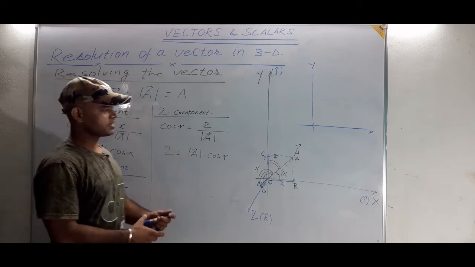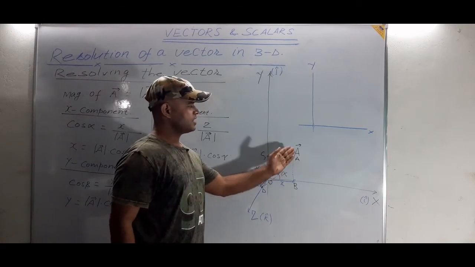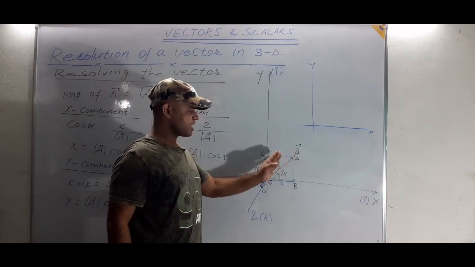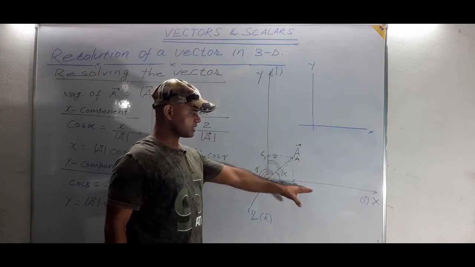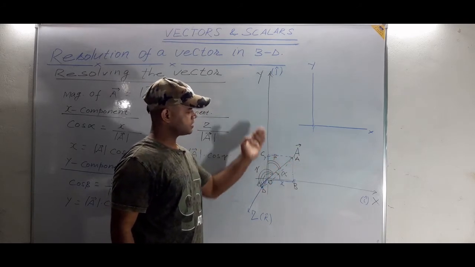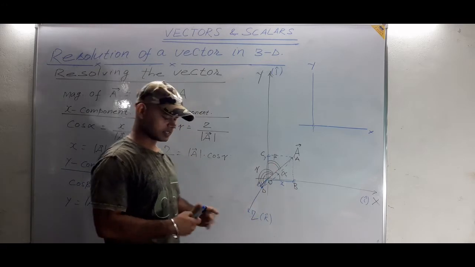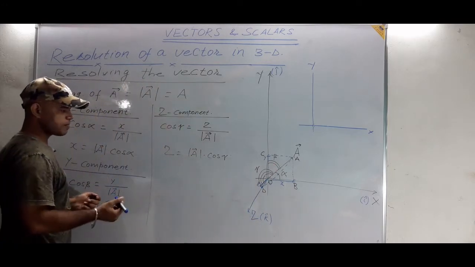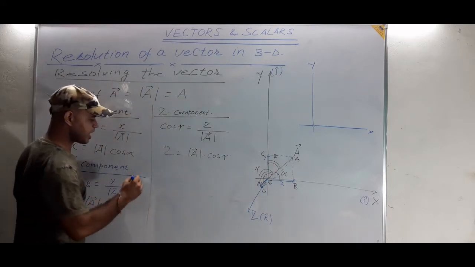So if a vector is given such that it is aligned at an angle of alpha with respect to the x-axis, beta with respect to the y-axis and gamma with respect to the z-axis, then the x component, y component and z component can be written like this.